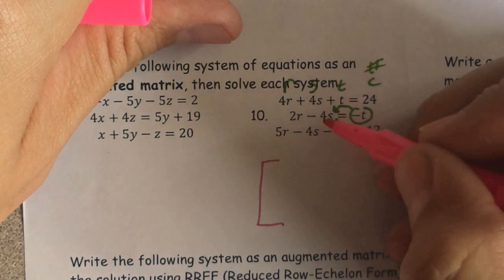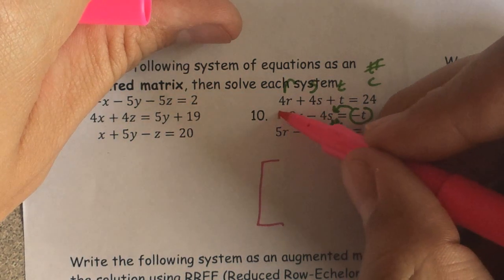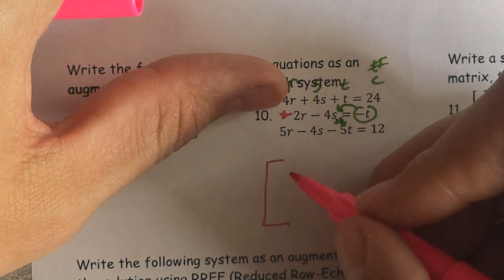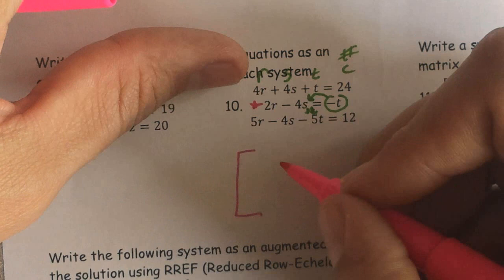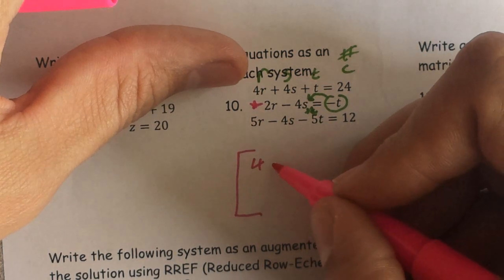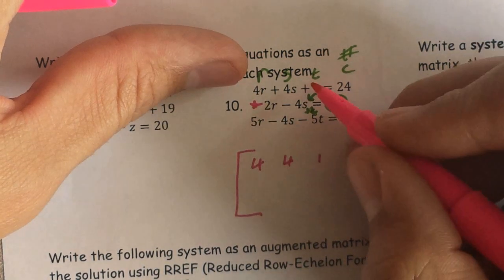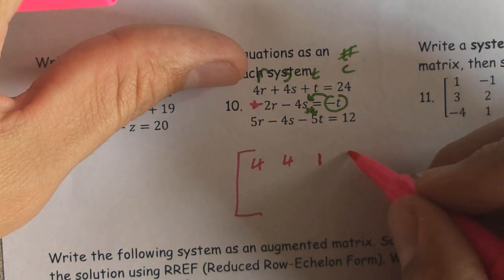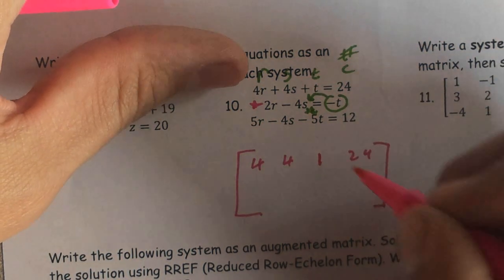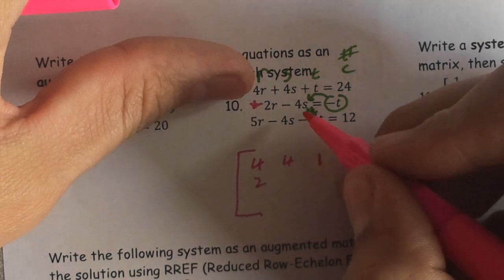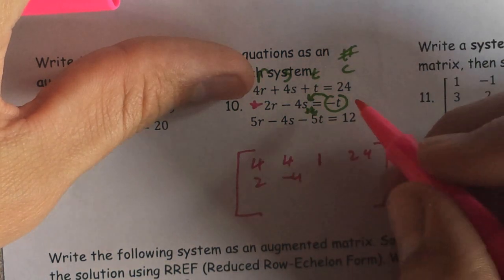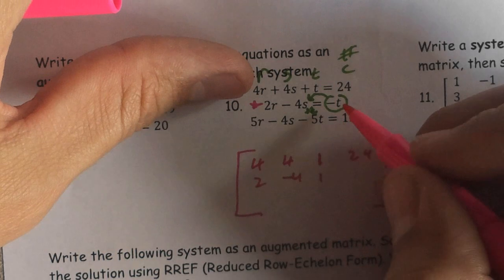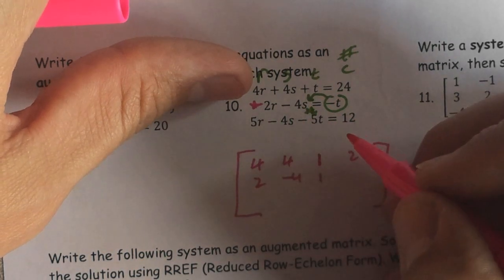The only one that needed change up in R, S, T down here is this one. So I simply write my coefficients. 4, 4, 1, since there is no number, that is 1, and then 24. 2, S is negative 4, and T is positive 1, because when it goes over again it is positive.